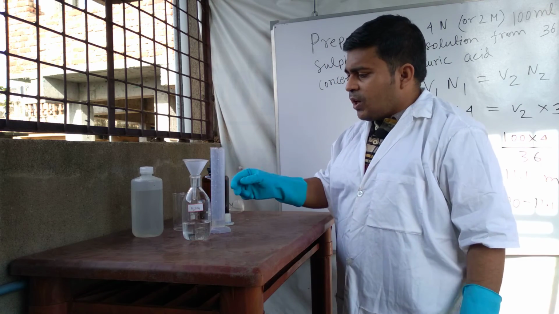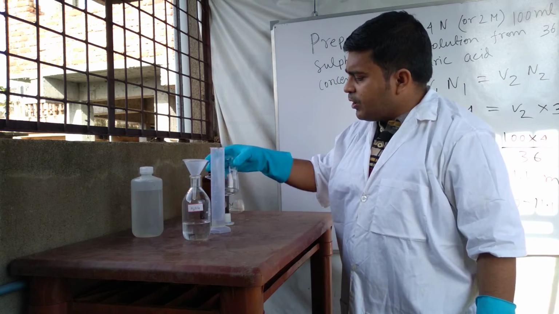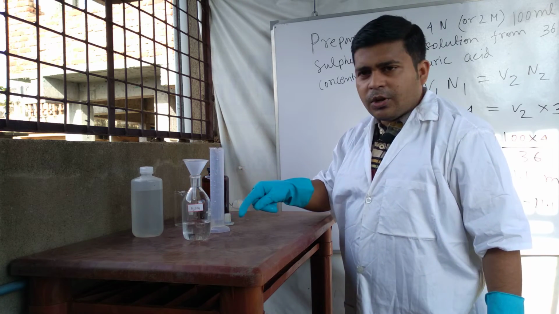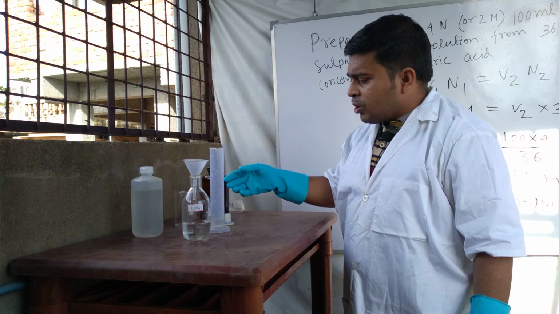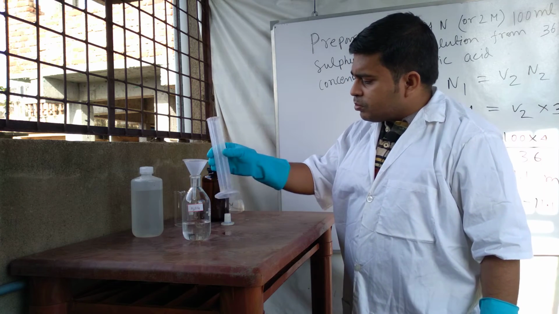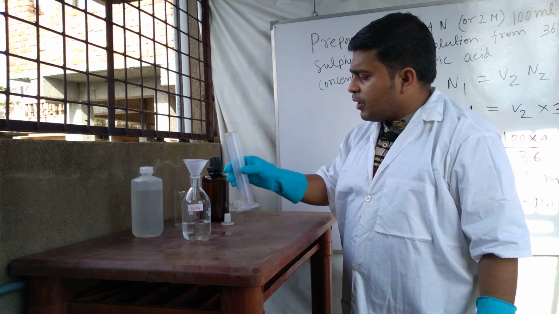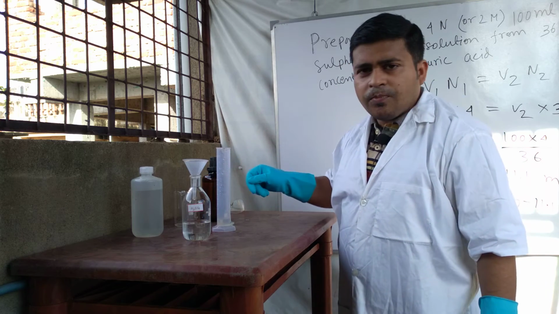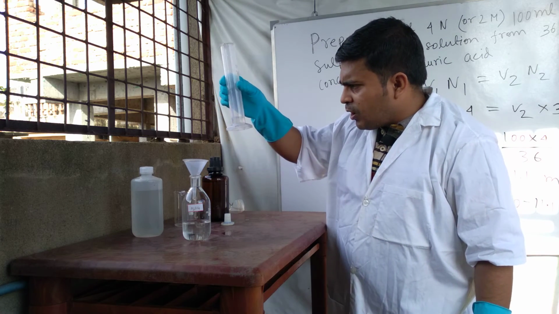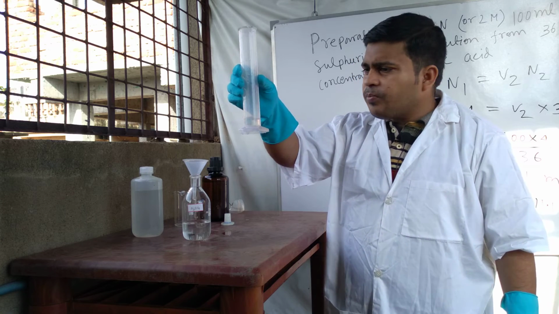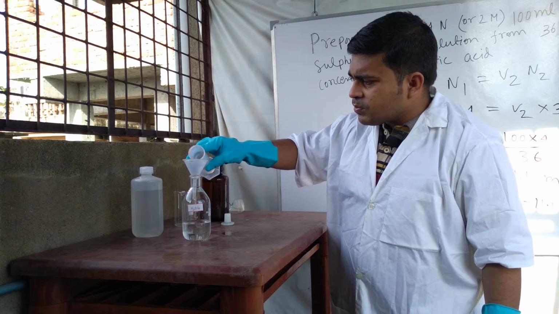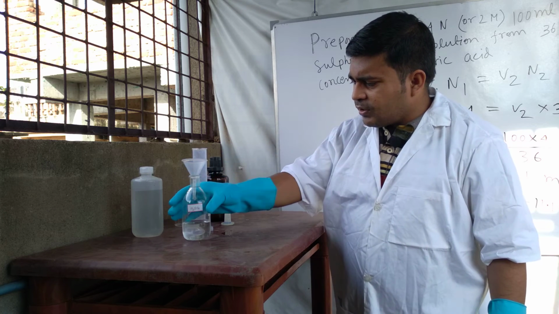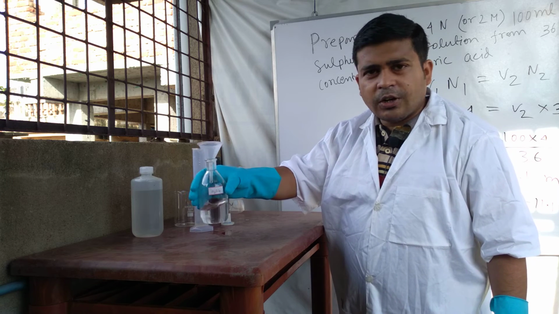Some extra amount of sulfuric acid is taken in this beaker, so we keep it separately, because to adjust 11.1 ml we have to take a beaker and pour a little amount of sulfuric acid from this cylinder to the beaker to make it 11.1 ml. Now exactly 11.1 ml, so you have to add it little amount by little amount, and stir it constantly.